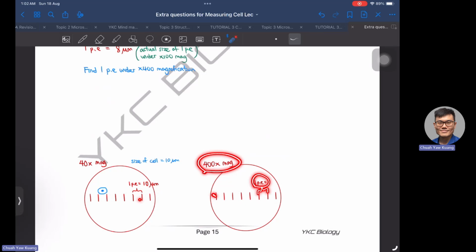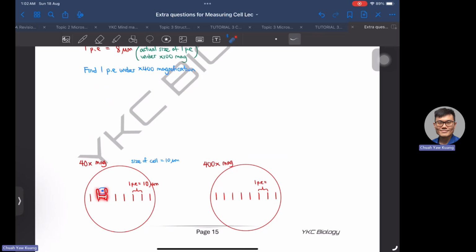What we see under the microscope will still be the same size, but the actual size of this pitch will be smaller. Why? Because now we look at the cell. The same cell that is 10 micron, under 40 times magnification, only covers one pitch.